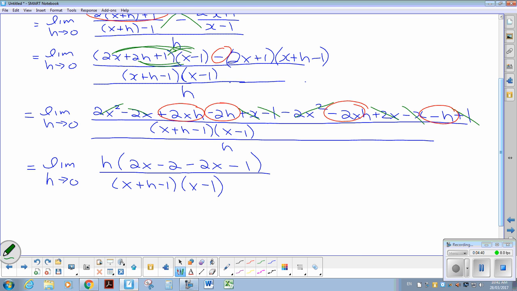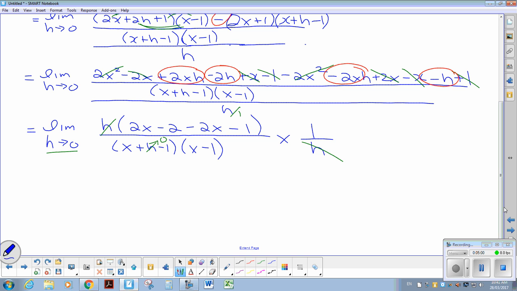And now that h over 1, I'm going to write it as 1 over h, because now I have an h to cancel that h. Now I'm going to decide, do I have an issue anymore if h is going to 0? This is going to go to 0, but I'm not really going to have an issue after that. So I can drop the limit notation.